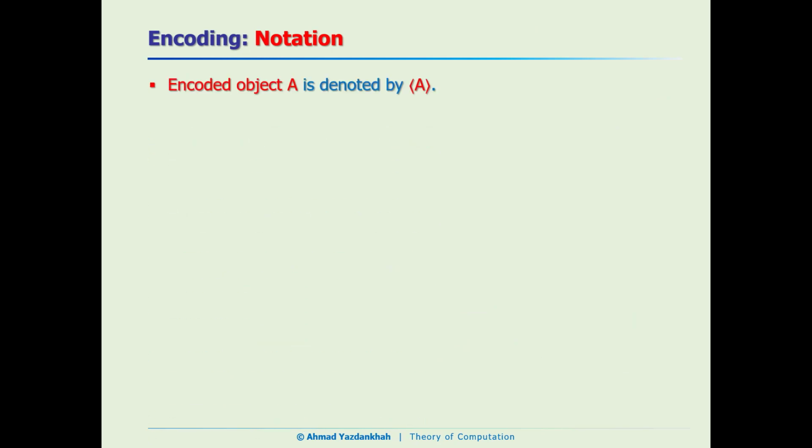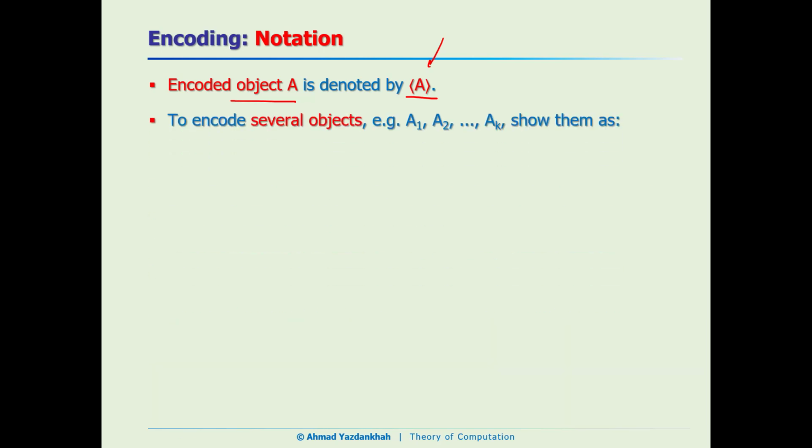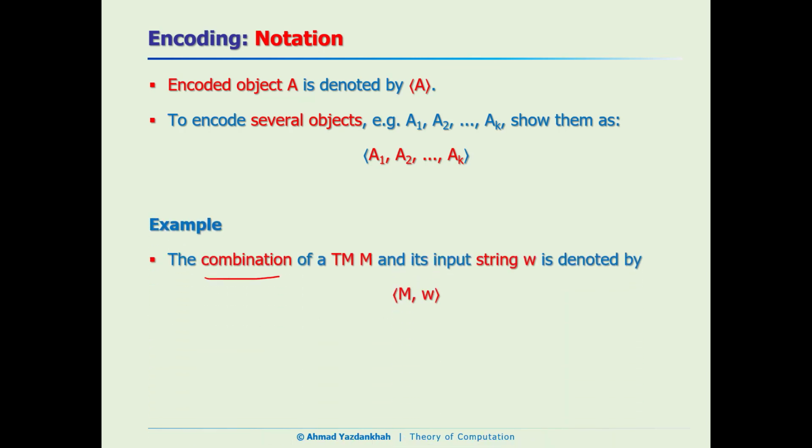The encoded objects, we show them like this with angle brackets. And if we want to encode several objects, we will be using this notation. So we just comma separate those encoded things here. For example, the combination of the Turing machine M and the input string W is denoted by this.